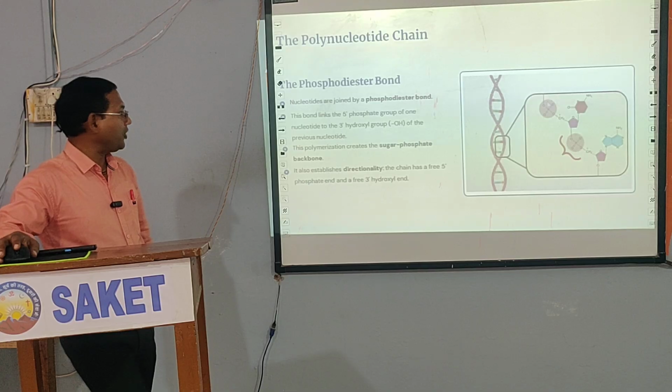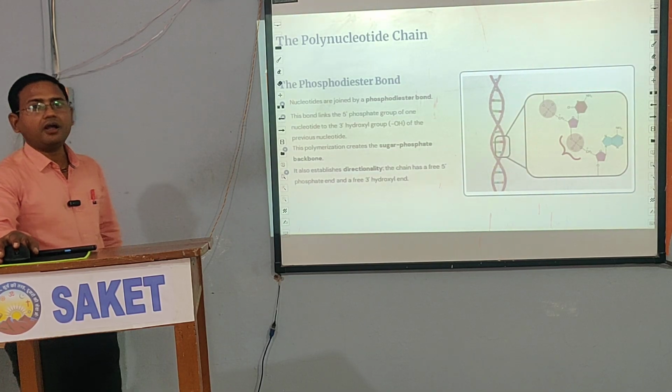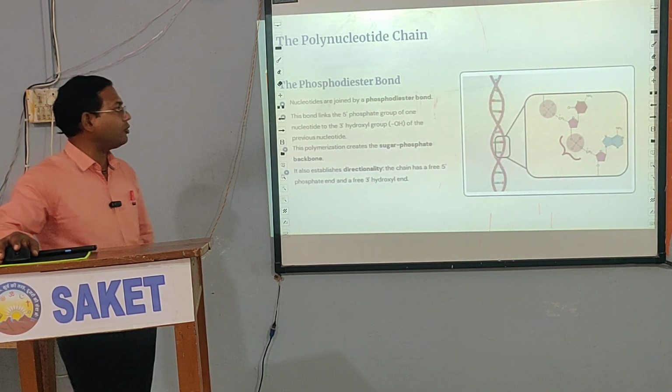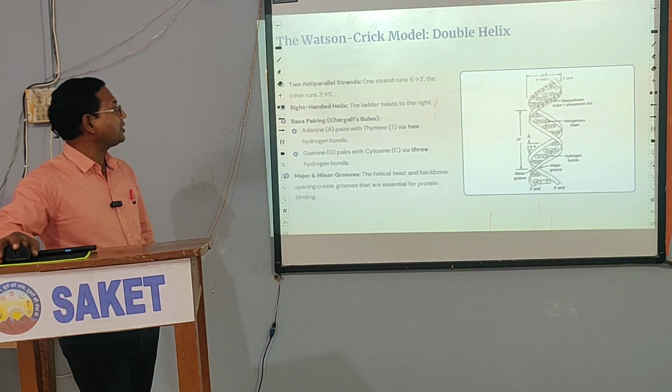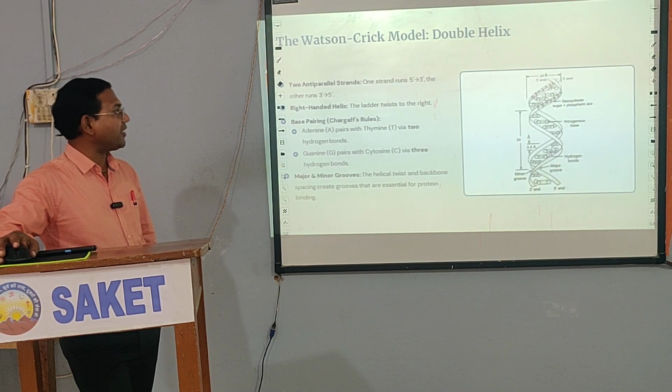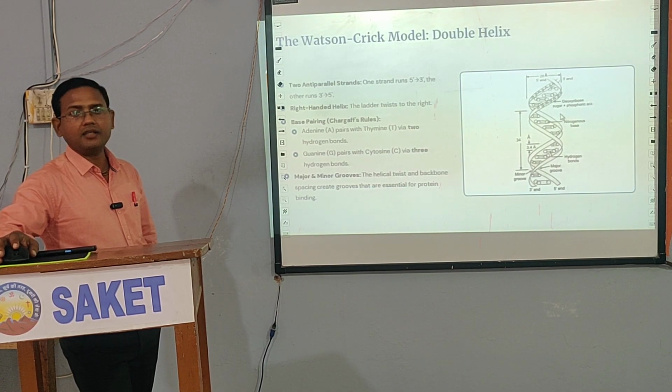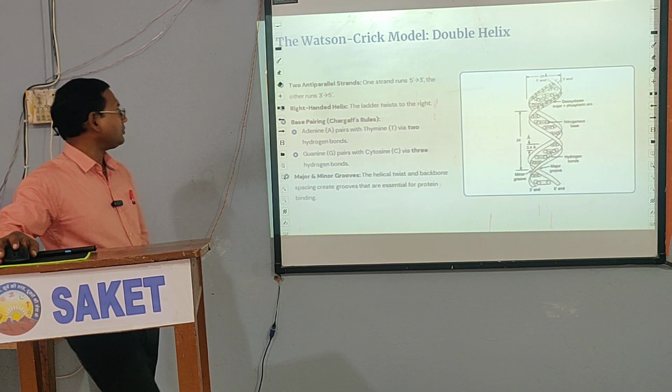Now let us understand how the DNA structure actually looks like in X-ray. The X-ray structure was solved by Watson and Crick, and they proposed this model of the DNA molecule, which is known as the double helix DNA molecule.